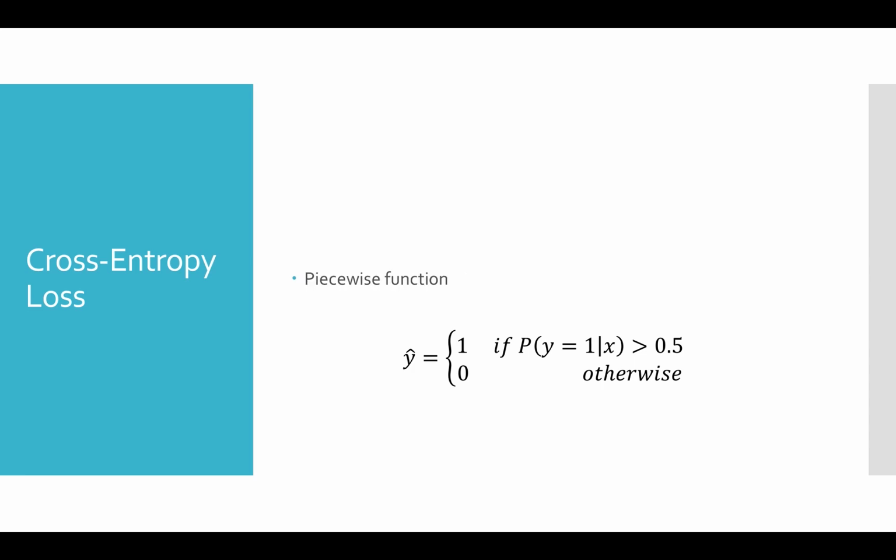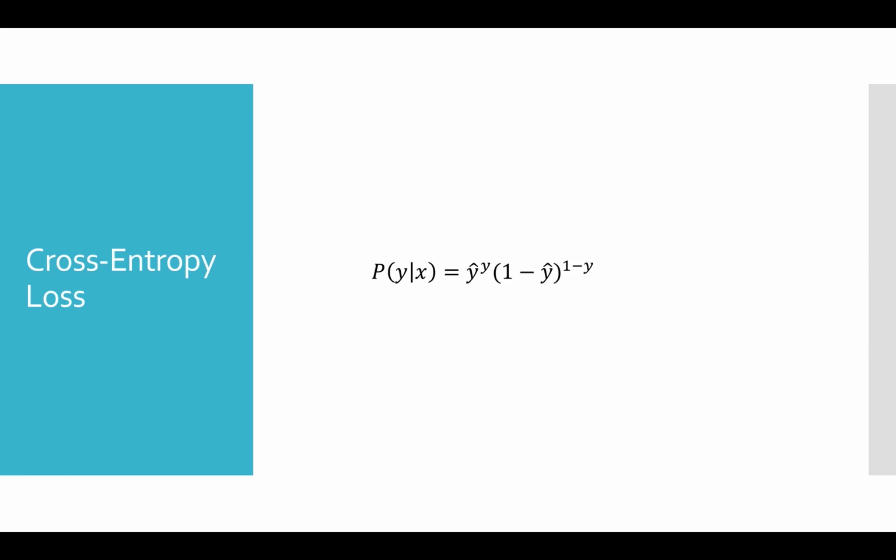This piecewise function makes it challenging to deal with, so instead we can think about it in terms of a simpler function, where the probability of y given x is y hat, the prediction, to the label, times 1 minus the prediction to 1 minus the label. Okay? Why does this work?